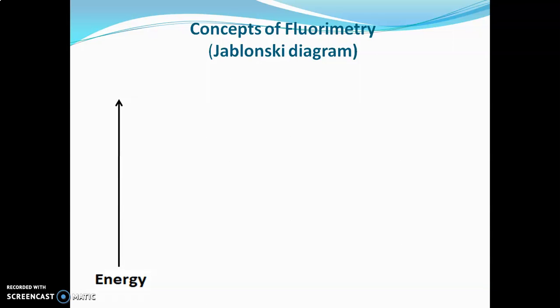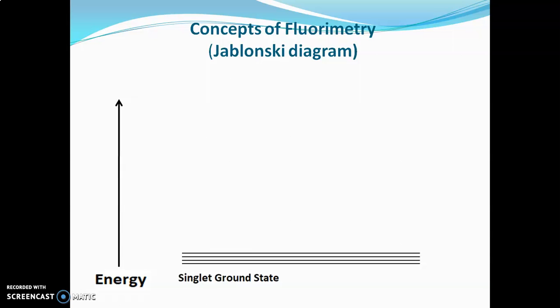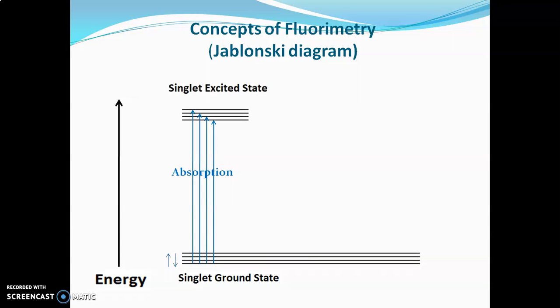Consider this is the energy of UV visible radiations. Generally, the electrons of organic molecule are in ground state, singlet ground state, where the spin of electron is paired. When the electrons absorb UV visible radiation, they jump to the excited state, which is known as singlet excited state, where the spin of electron is again paired.